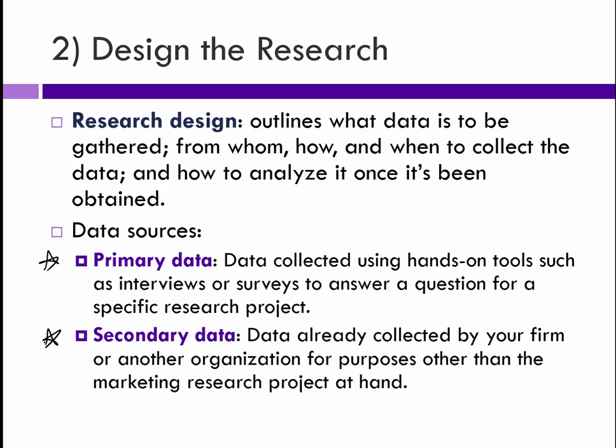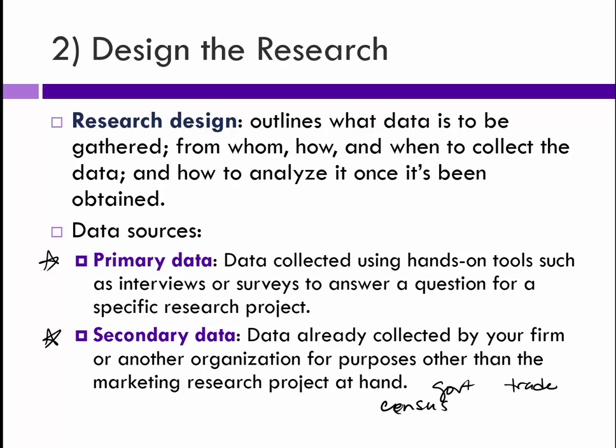Primary data is stuff that... so let me start with secondary. Secondary data already exists. It could be government information, it could be trade journals, it could be stuff that you did for another purpose, it could be Census Bureau information.